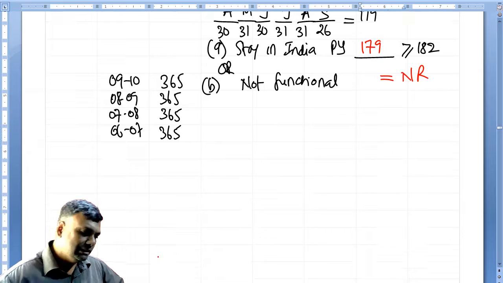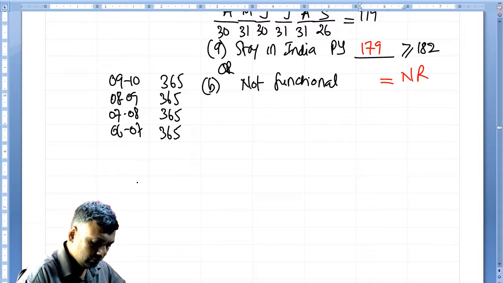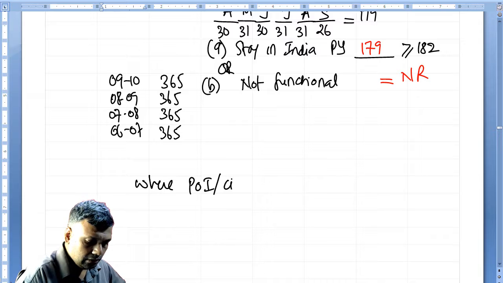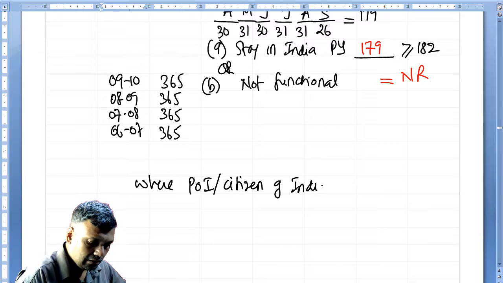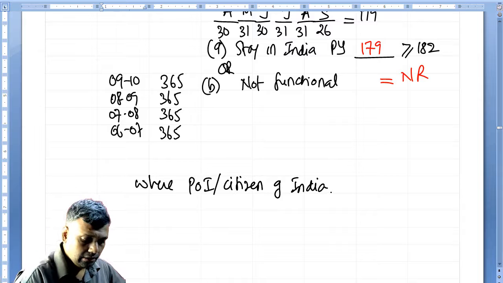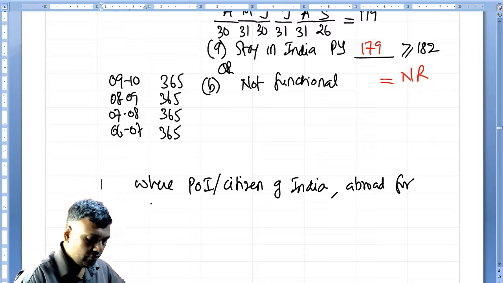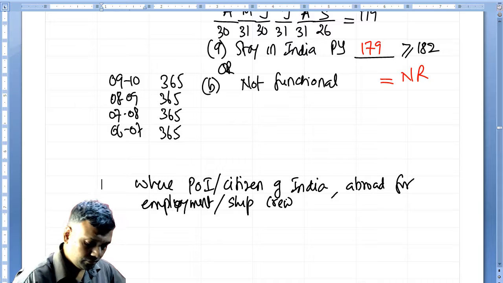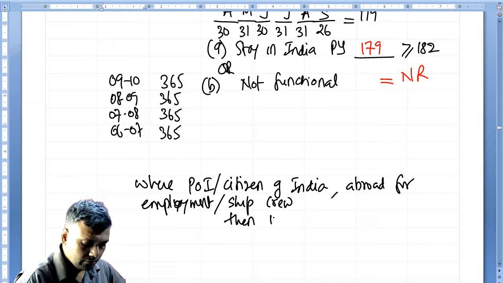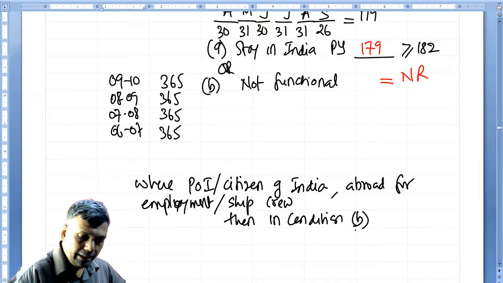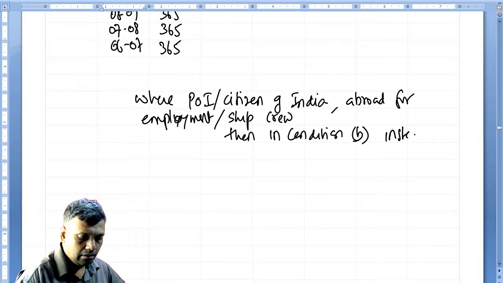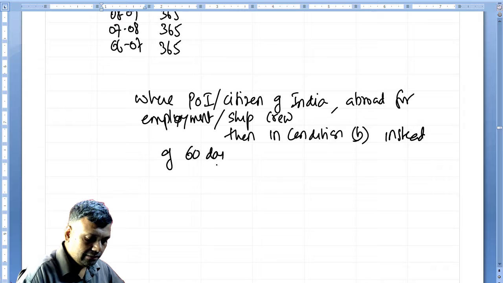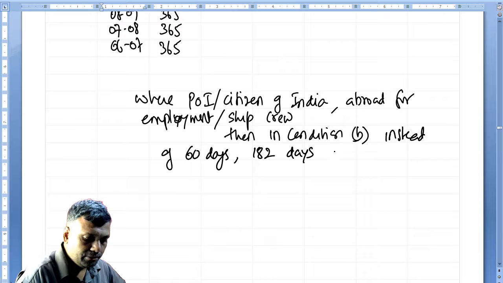Okay. So let me write a theoretical answer now. Where a person of Indian origin or a citizen of India goes abroad for the purpose of employment or as a ship crew, then in condition B, instead of 60 days, 182 days are substituted.